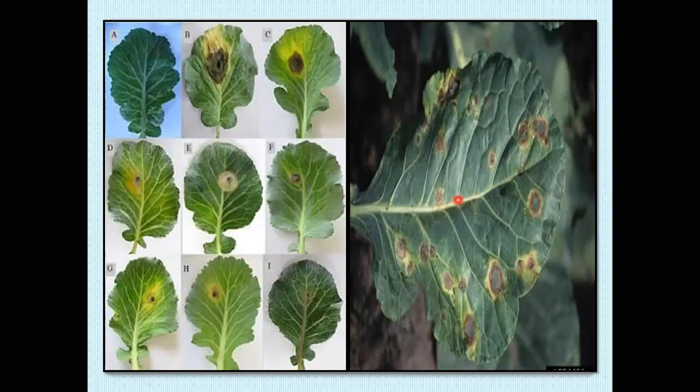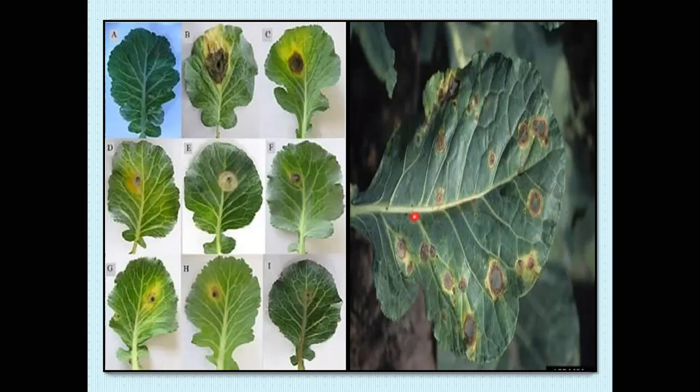In severe infections, defoliation of the infected outer leaves may be seen, and extensive trimming may be required to remove the infected leaves from the head at harvest.